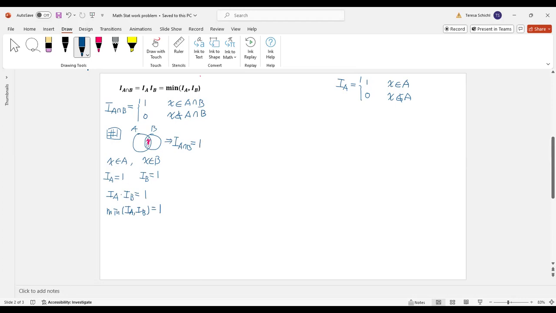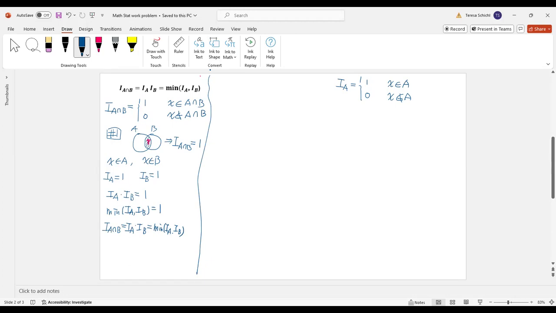So in the first situation, I am able to prove that the indicator of A intersect B is equal to IA times IB, and equal to the minimum of IA and IB.